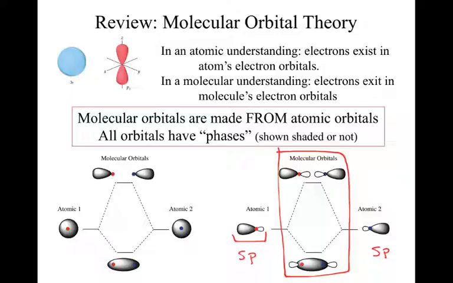I'm now going to take those 2 orbitals, and I'm going to bring them near each other to see how they interact. Well, there is a potential for the largest portion of their electron density to overlap with the same phase right through the middle, which then means I have a bond. Likewise, I could have overlapped them in such a way where I don't get the electron density there, and I end up with the anti-bond.